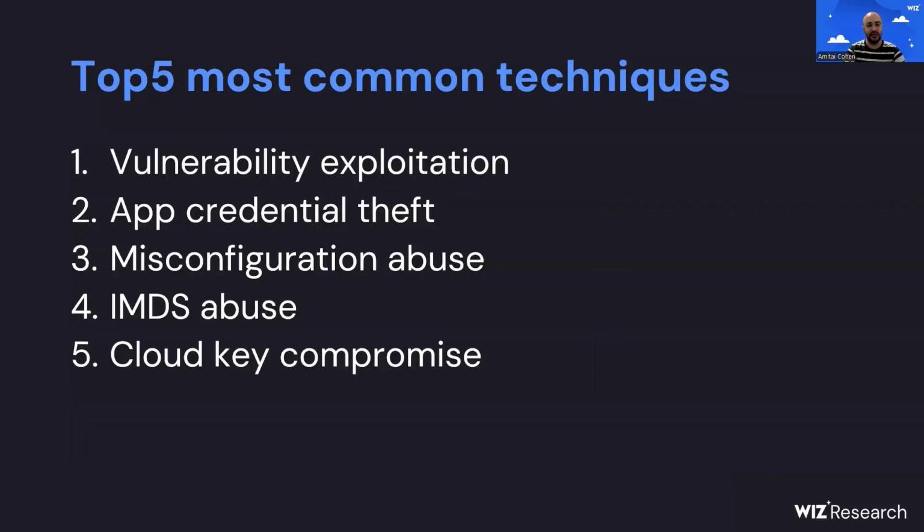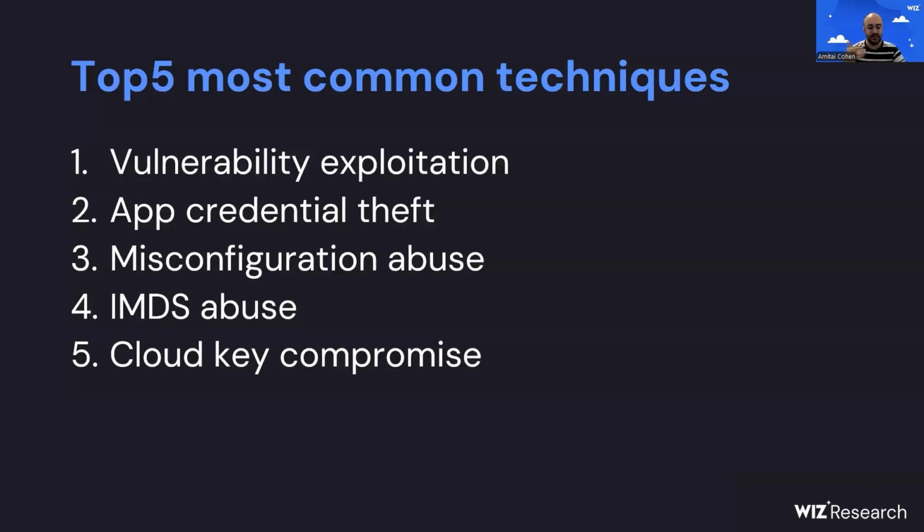So by looking at the cloud threat landscape as a whole, focusing on the big picture, we can see several commonalities beyond targeting technologies, such as the most common techniques that threat actors are using across all of these campaigns. So in many, many campaigns, we see them using vulnerability exploitation. No surprise there. There are a lot of vulnerabilities in software, and people aren't really quick enough to patch.